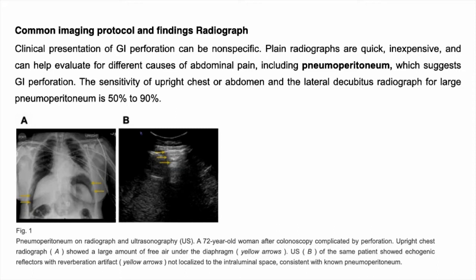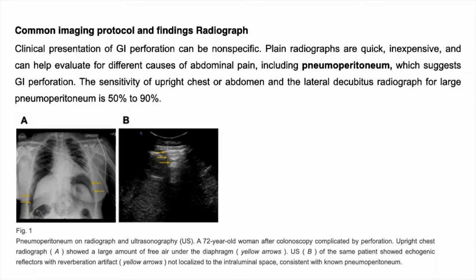They can guide the ultrasonographer to think there is some kind of pneumoperitoneum. So in this case, we will confirm with the chest X-ray.